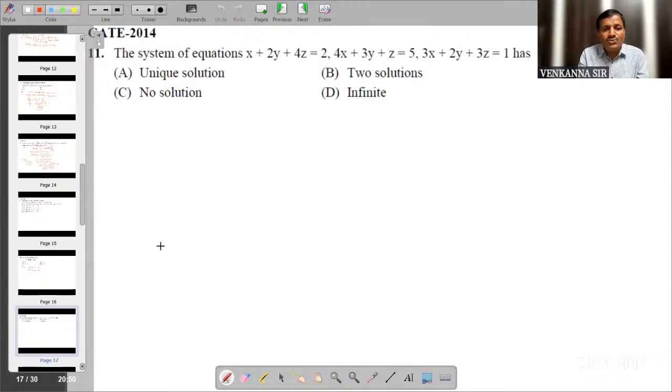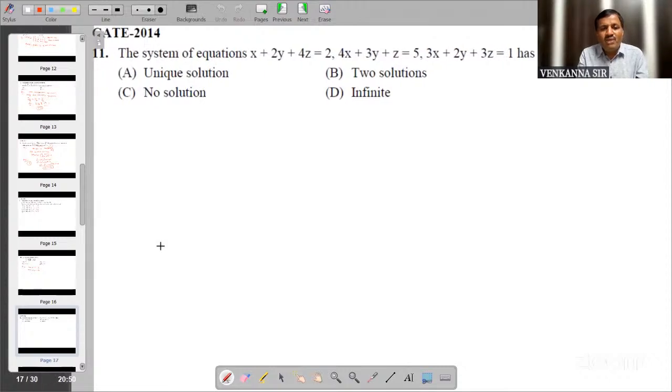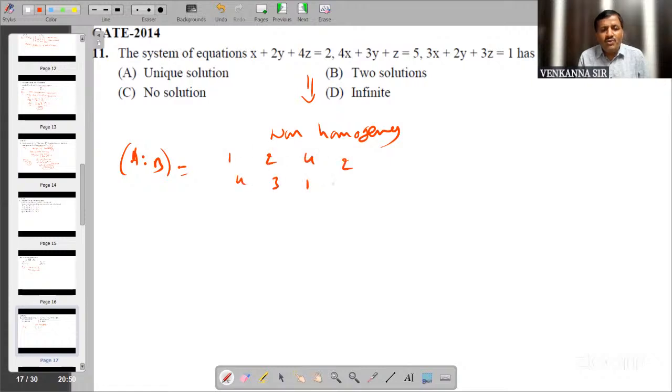This question also you can try, no problem. The system of equations, what type of equations are they? x plus 2y plus 4z equal to 2, 4x plus 3y plus z equal to 5, 3x plus 2y plus 3z equal to 1. They are non-homogeneous equations. For non-homogeneous equations, we have to take the augmented matrix AB: 1, 2, 4, 2, 4, 3, 1, 5, 3, 2, 3, 1.